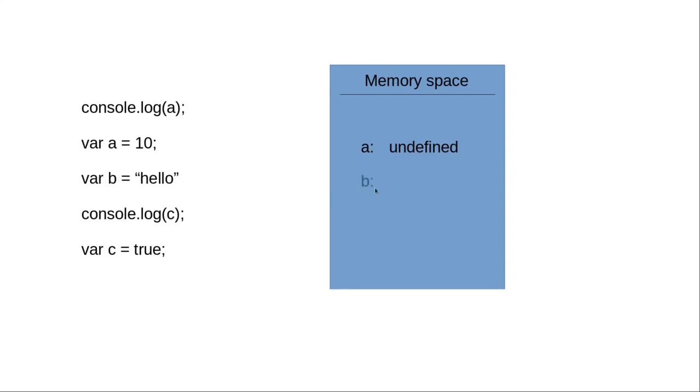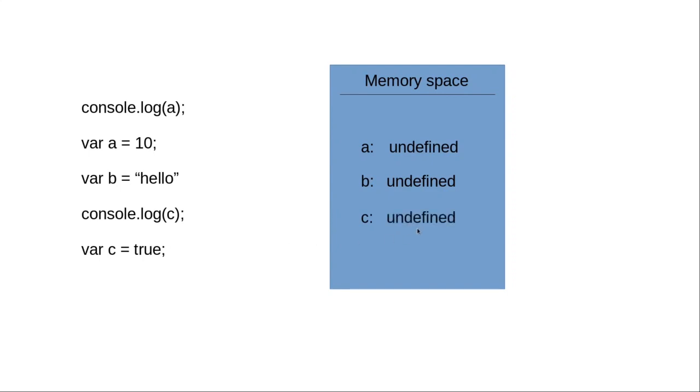Let's assign b a memory location and set it to undefined. On the fourth line it sees it's not a declaration, it's an execution. We are console logging c. It will simply ignore this part. Now it will come to variable c, the last line, and it's a declaration. It will assign a memory space and assign undefined there.